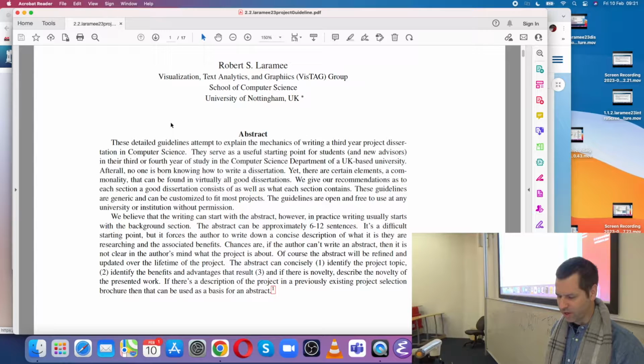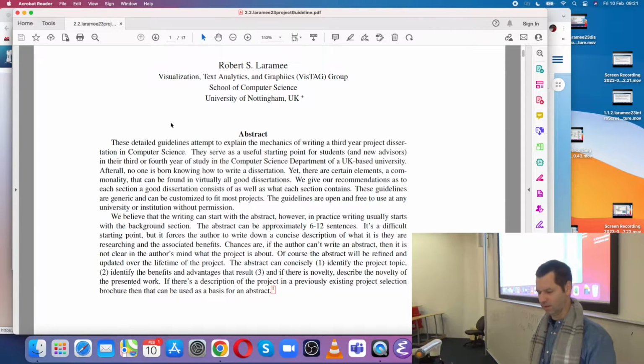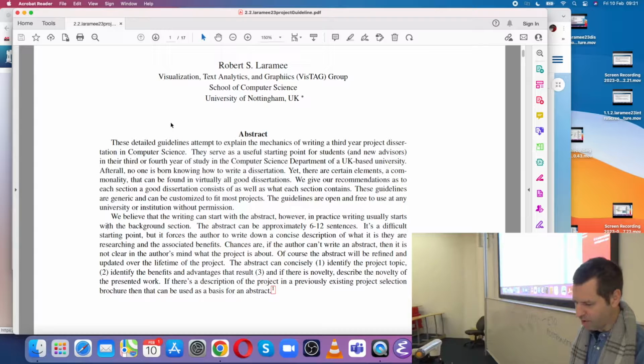We give our recommendations as to each section a good dissertation consists of, as well as what each section contains. These guidelines are generic and can be customized to fit most projects. The guidelines are open and free to use at any university or institution without permission.